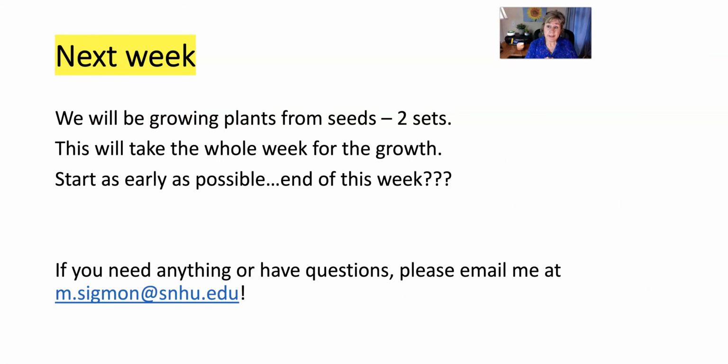Okay, a word about next week. Next week is the genetics lab. And you are going to be growing 2 sets of seeds because you don't have enough petri dishes to just run this one time. So you have to grow seeds in 2 different sets next week.